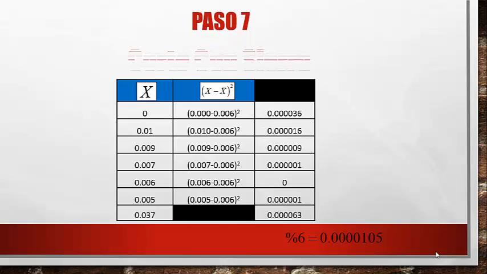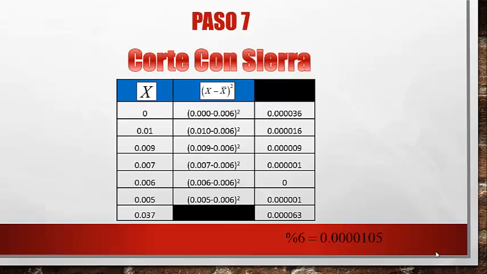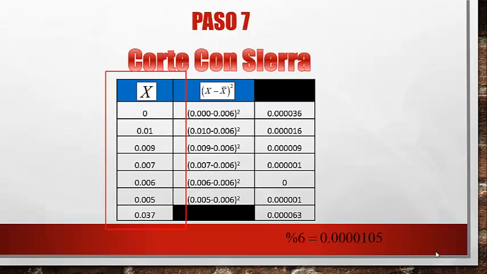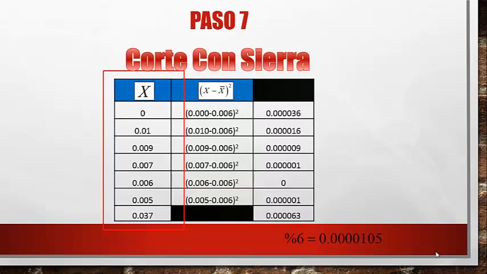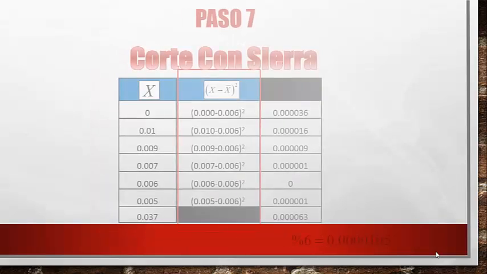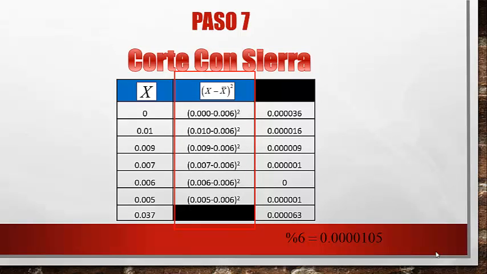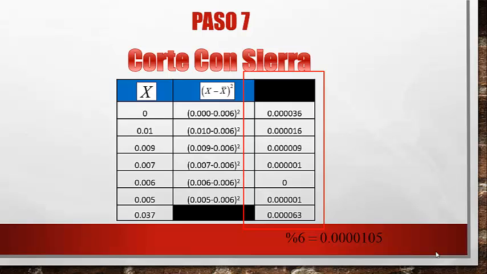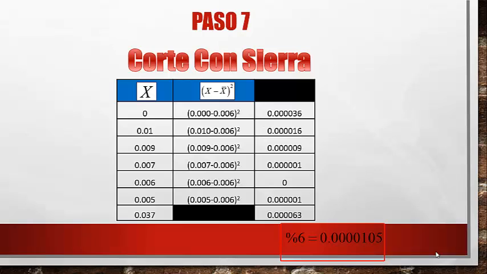These are the data obtained from each cut on the deck. This is the operation: data, minus the mean, squared. This is the result obtained. The result is divided by N sub 1. Step 7. Well, in cutting polishing and cutting acetylene, we do the same as in sawing.